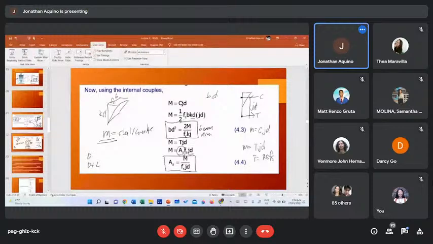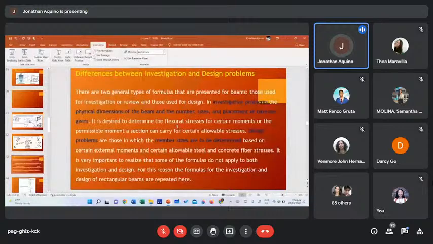So these are the summary of difference between investigation and design. So in investigation, the physical dimensions, the beam, and number of bars, sizes are given. On design, the member sizes are to be determined and AS.